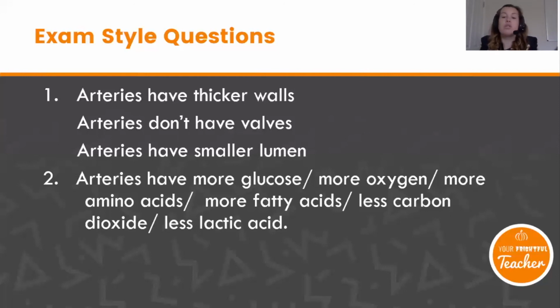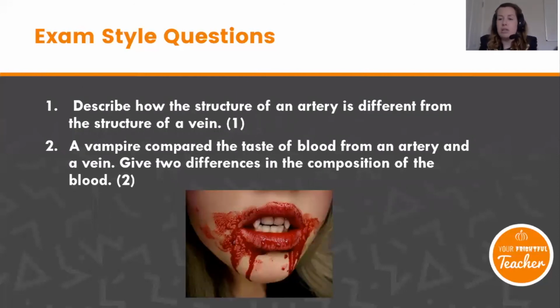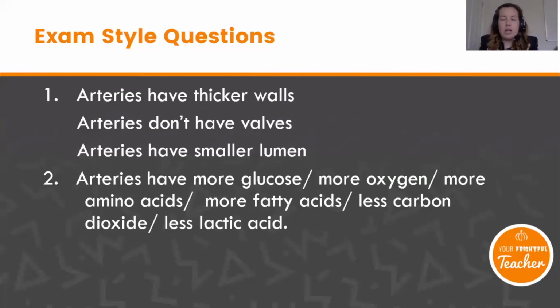So this question was worth 2 marks, so you could pick 2 of those things. Or you could do the reverse. You could say veins have less glucose, less oxygen, less amino acids, less fatty acids, more carbon dioxide, or more lactic acid.